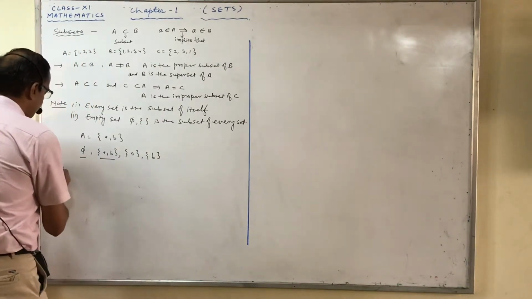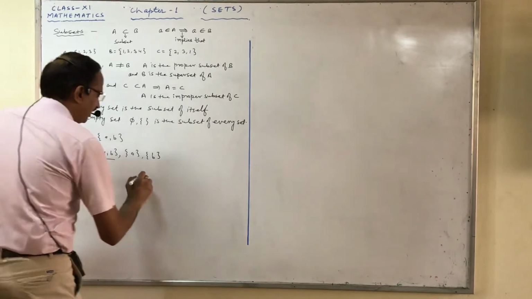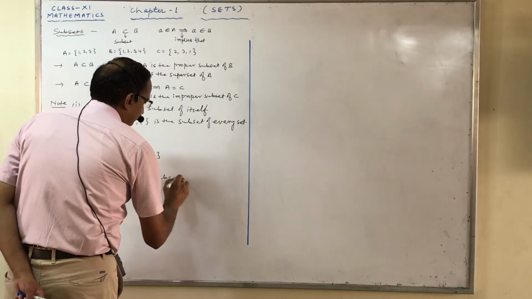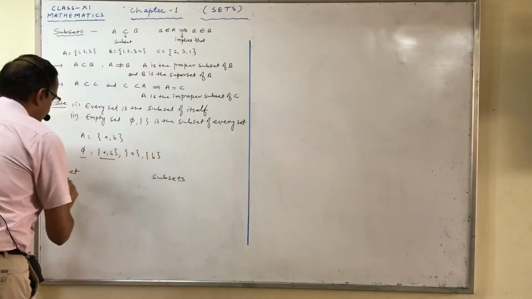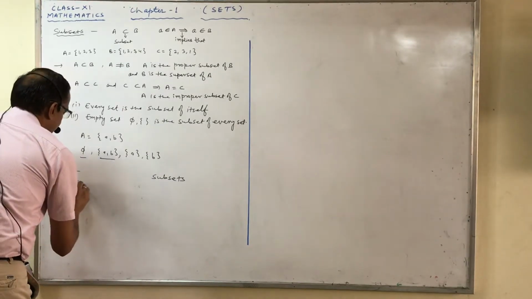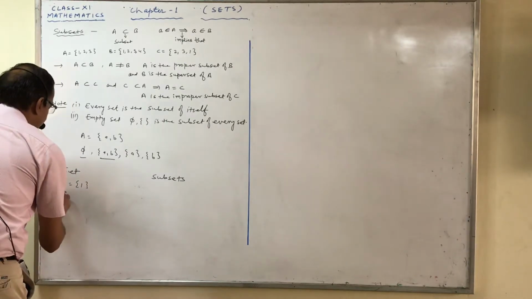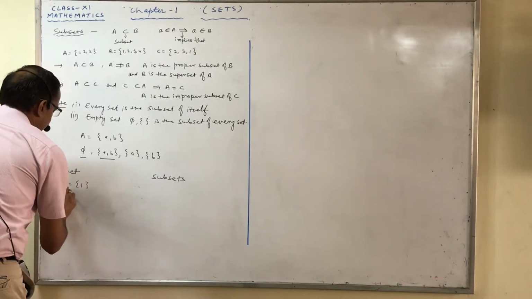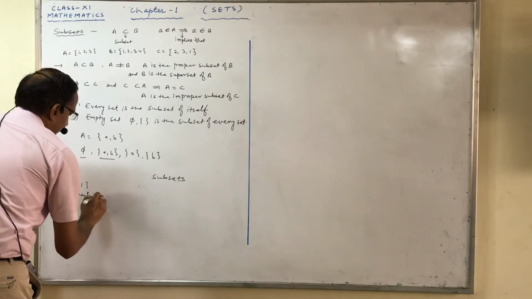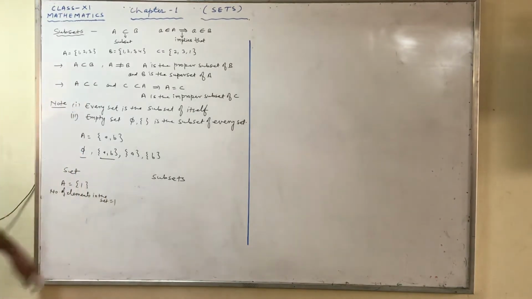So let us take some more examples for this. Here I am writing the set, here I am writing the number of subsets. Suppose I am taking the first set A. It has only one element. Number of elements in the set: how many? 1.